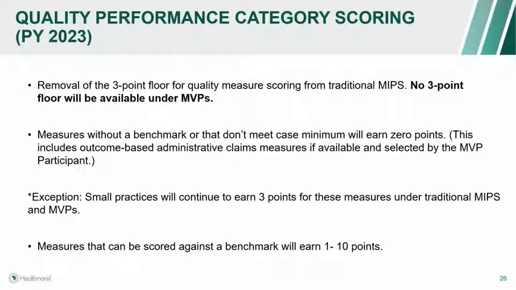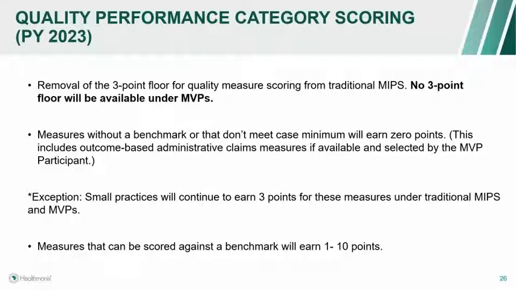And the proposed changes to the quality performance category scoring for 2023 are to remove that 3-point floor for quality measure scoring from traditional MIPS. So no 3-point floor will be available under MVPs. Measures without a benchmark or that don't meet that 20-case minimum will earn 0 points.